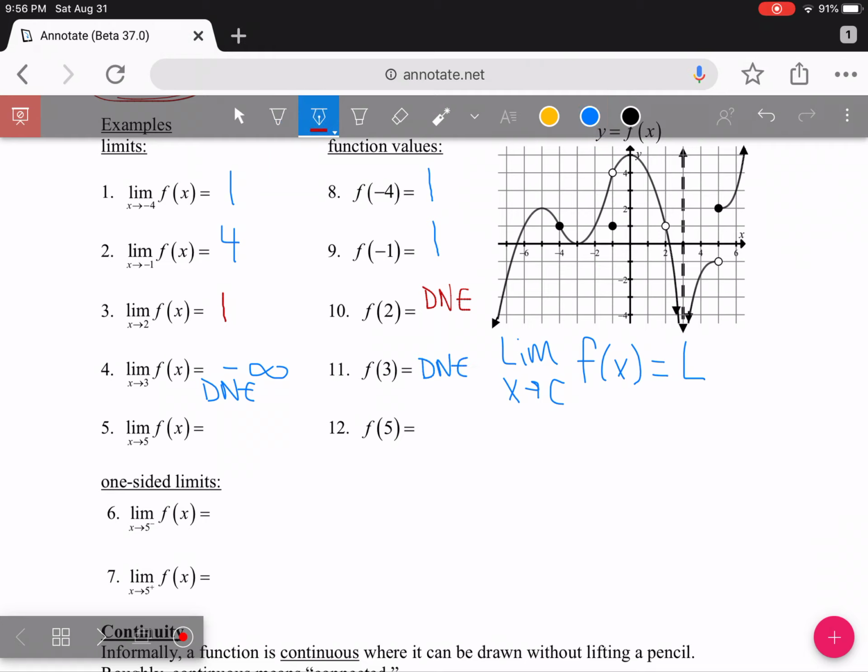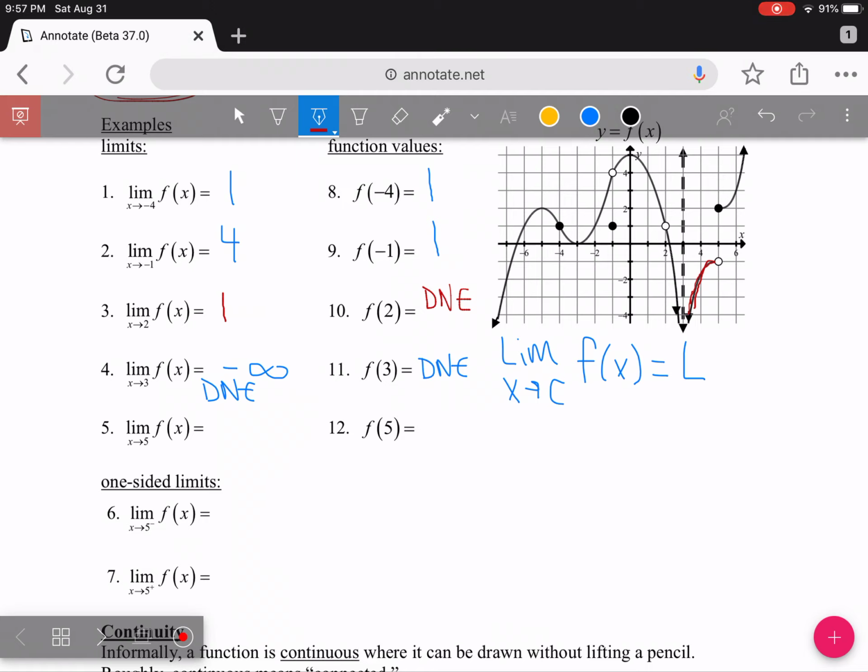Okay, so let's look at the limit as x approaches 5. Let's think about two different people walking on this function, right? One person is walking on this side, and they're getting really, really close to negative 1. So they're walking on the function, getting really close to x equals 5, and they're almost to negative 1.